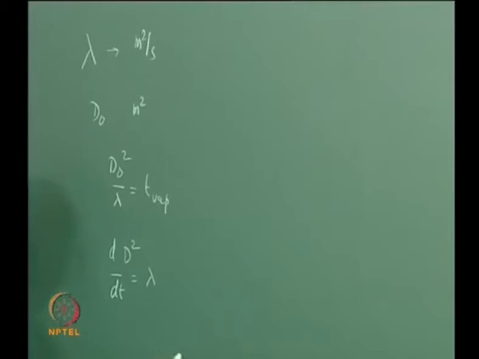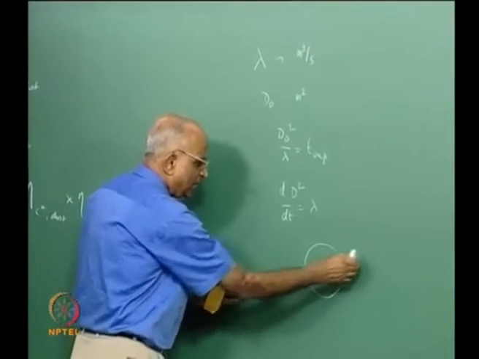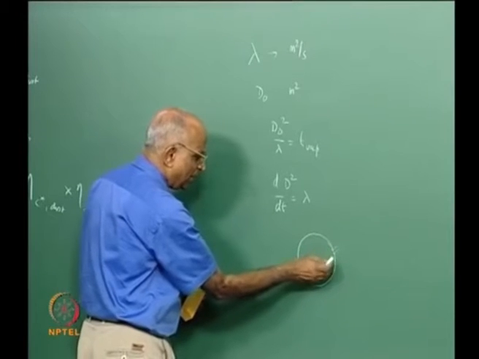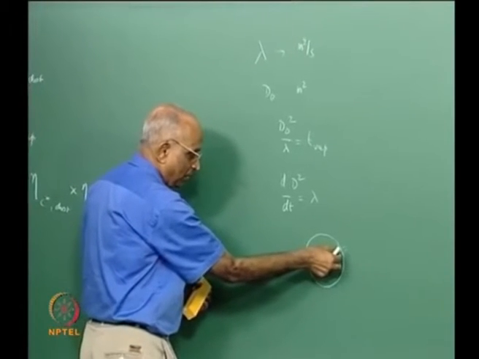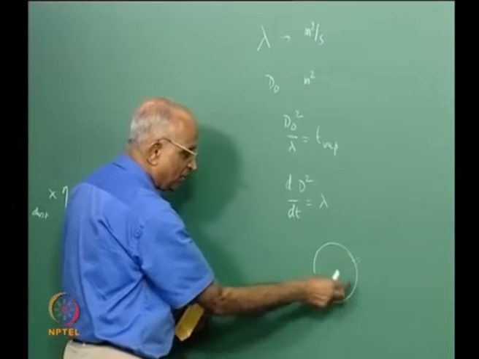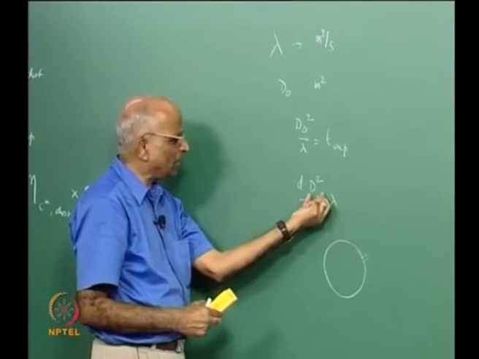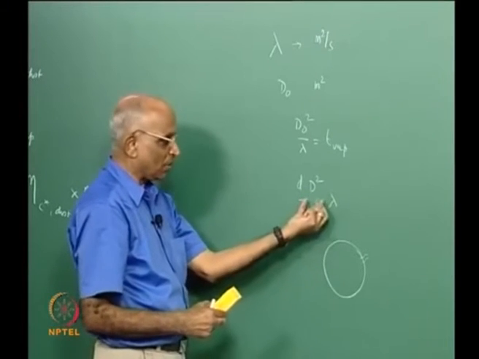This complexity comes whenever I have a droplet in a medium, when the medium is different, it tends to absorb that particular gaseous medium on the surface, and therefore lambda is not really a constant at different pressures. At low pressures, well, it is a constant.